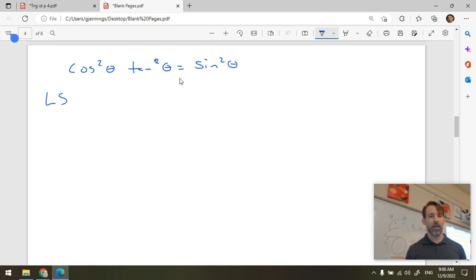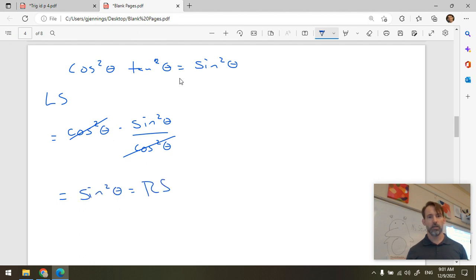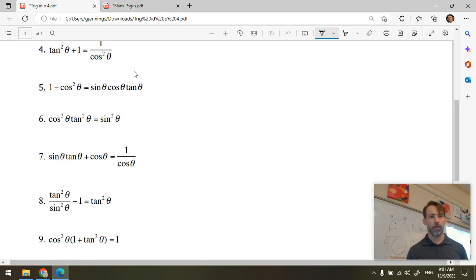Cosine squared theta is already in terms of cosine and sine. Tan squared theta, we can write as sine squared theta over cosine squared theta. And then we notice that our cosine squared theta cancels the cosine squared theta and equals the right side, sine squared theta. Therefore, that's true. Done. Keep going.